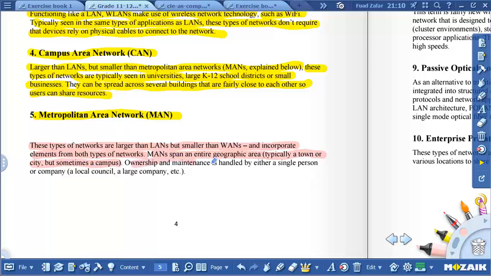And ownership and maintenance is handled by either one person or a company, a local council, a large company, etc. Now here, MAN is what? It could be between a town or a city or a campus, as I said here, and it's being controlled and handled. That means it does not have more than 2 or 3 companies like Rawafed or something else. They have one geographical area and only one person or one company is in control of this network.